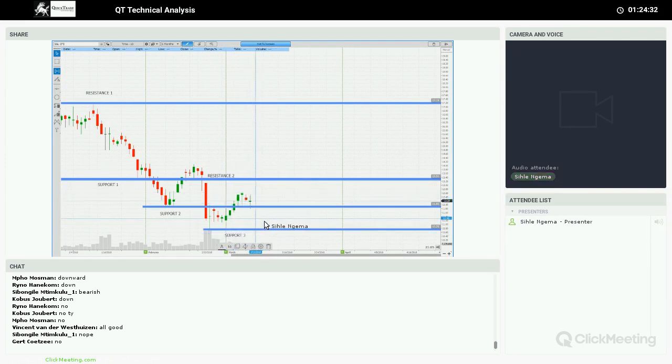There it is, there is the share support 3, and that means if this is support 3, support 2 is supposed to be our resistance 3. Resistance 3, there we have it. We have resistance 3 there on SGL. So support 2 has turned into resistance 3.